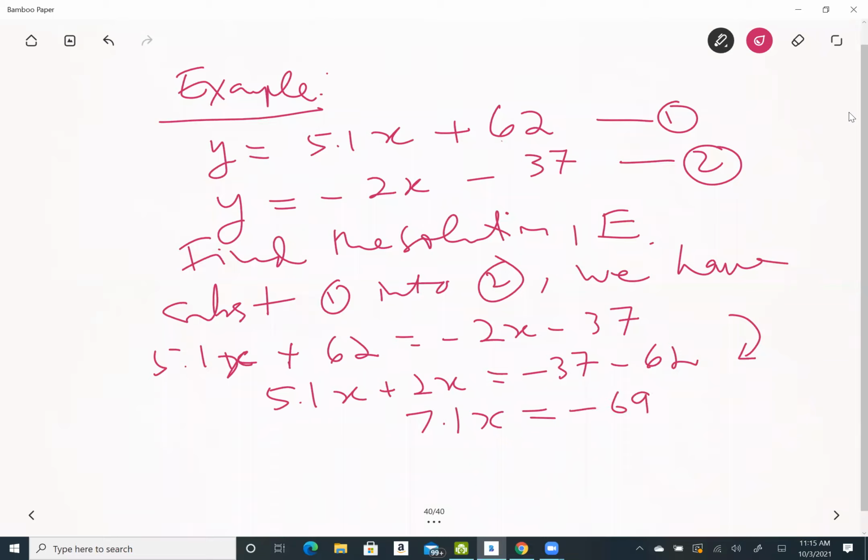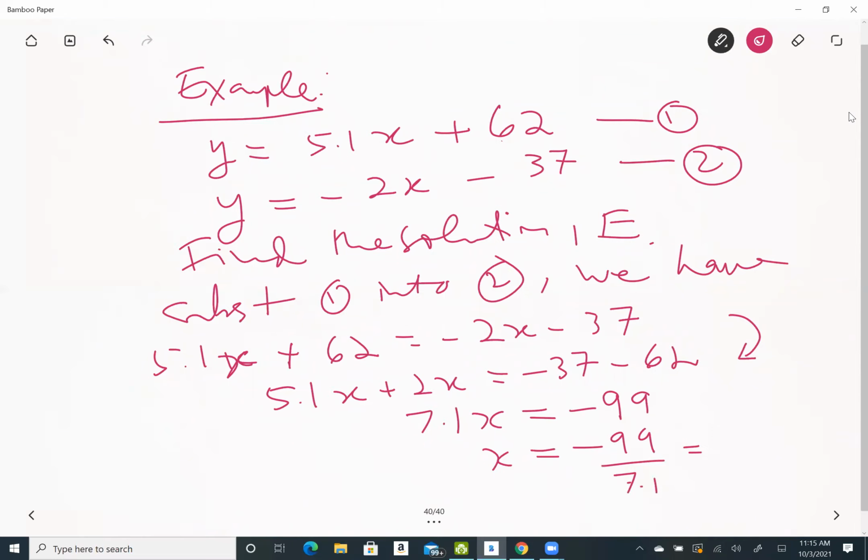Is that right? 69? No, negative 99, you're right. And then x will be equal to negative 99 divided by 7.1.